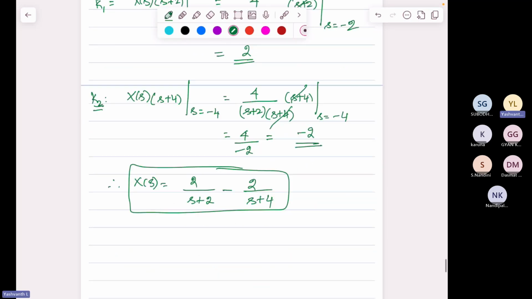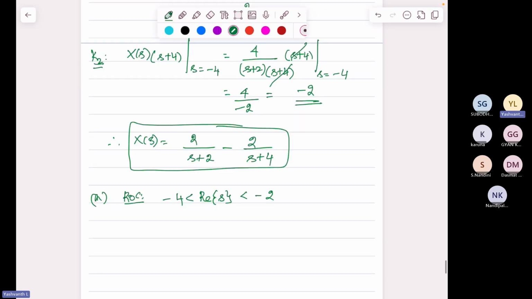Now case 1. What is given? ROC is such that real part of s is between minus 4 and minus 2. So basically, this is term 1, and this is term 2. I'm including the minus in term 2.